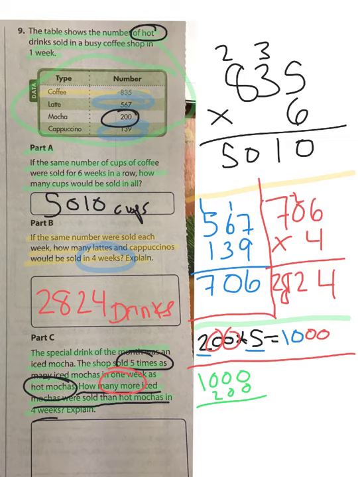So to find the difference, I'm going to subtract. I can't take 2 from 0, so I need to regroup. There are 800 more iced mochas sold than hot mochas in 1 week. But we want to find out how many are sold in 4 weeks. So we're going to take our 800 and multiply that times 4, and we would get 3,200.